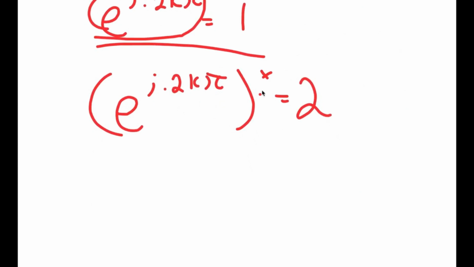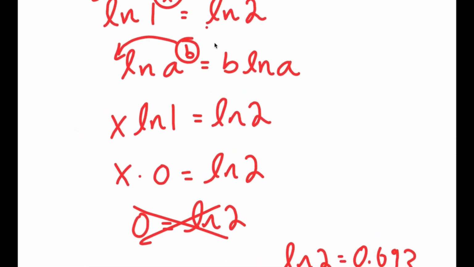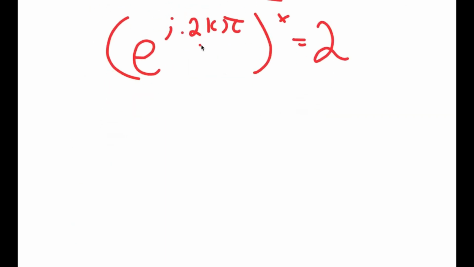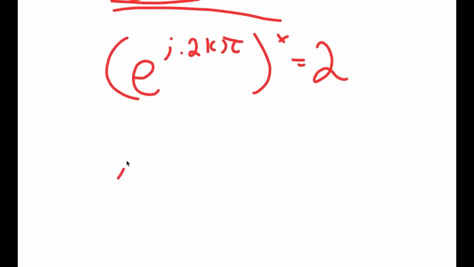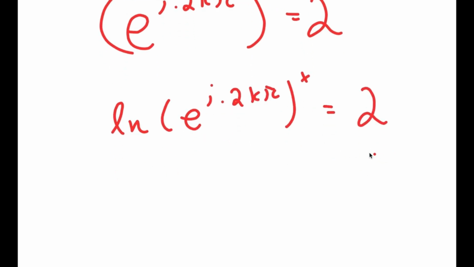Now, if we solve for this, we should get our variable x. So what I'm going to do is the same thing I did the first time. I'm going to take the ln, or natural log, on both sides. So now I get ln of e to the power of i times 2k pi, to the power of x, is equal to ln of 2.